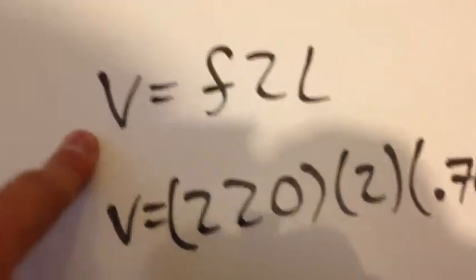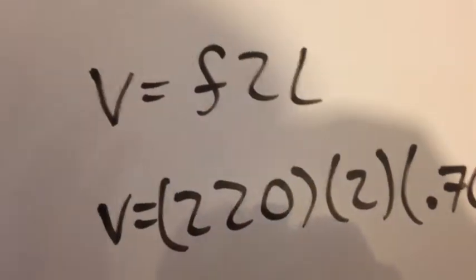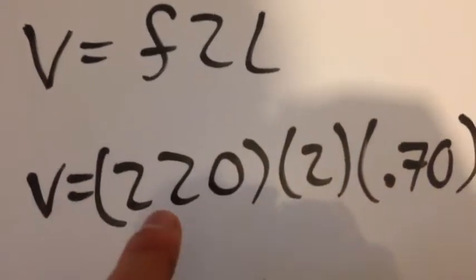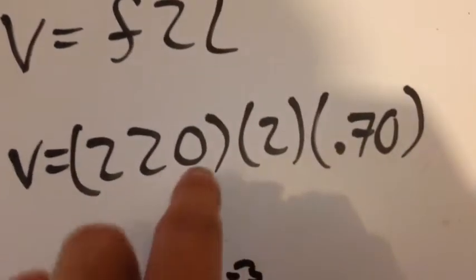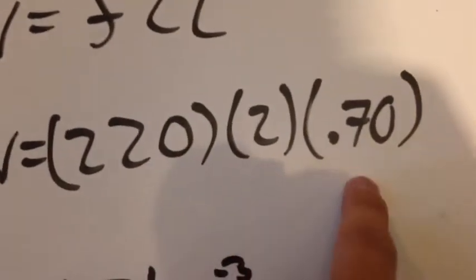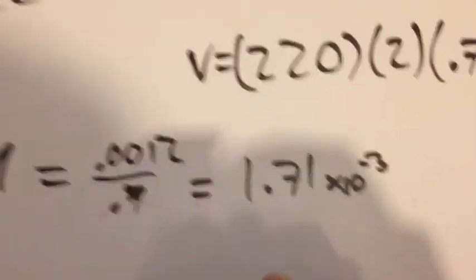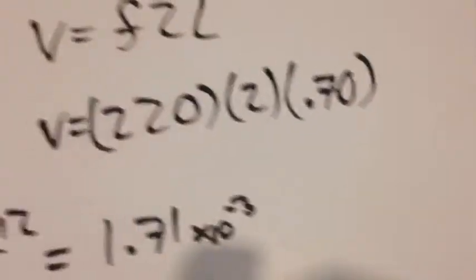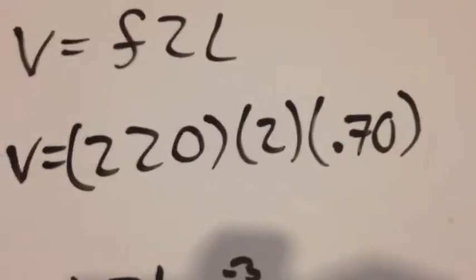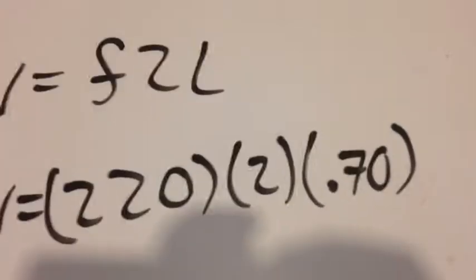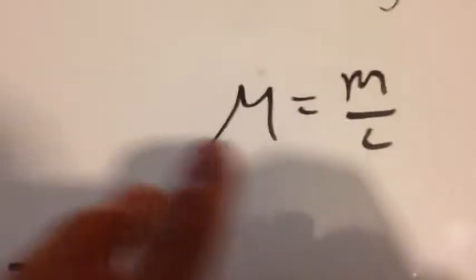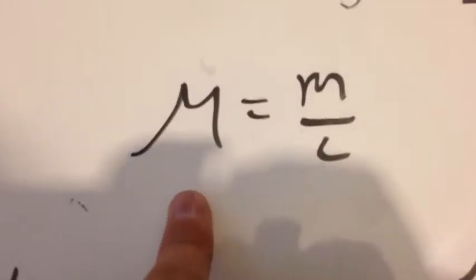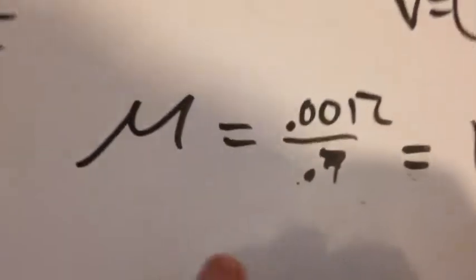So we just arrange the equation, and we get 220 times 2 times 0.70, which will give us a value of 308 meters per second.